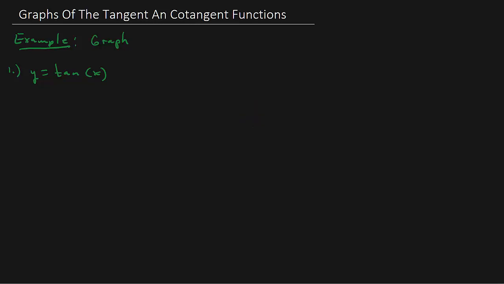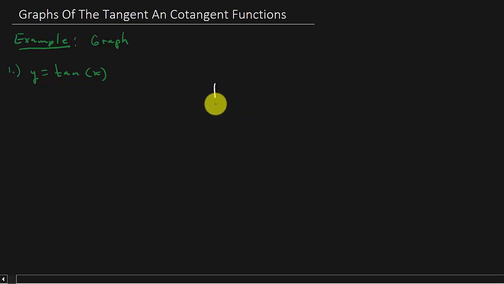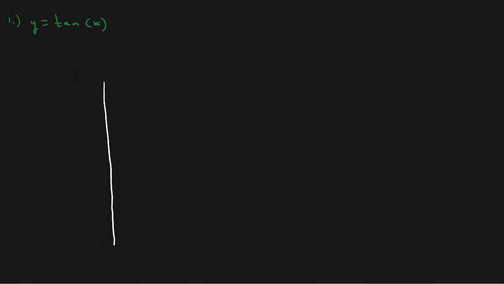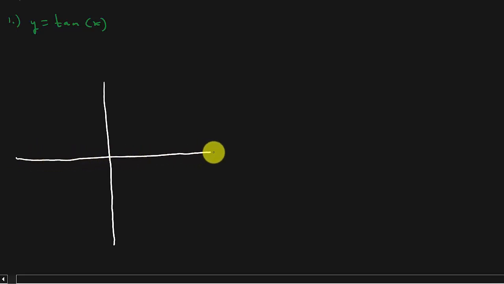So to graph tangent, let's draw this right here. All right, so we've got vertical asymptotes at pi over 2 and negative pi over 2. So there it is.